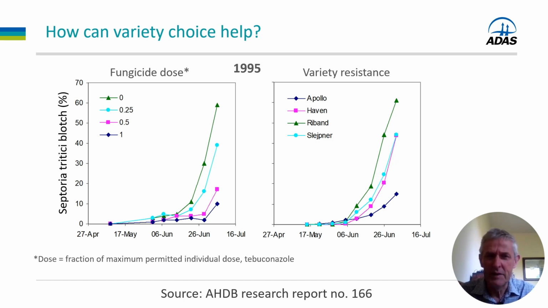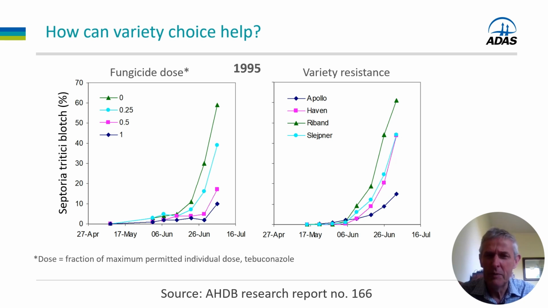Now, you might notice that this is data from 1995, so we're looking back nearly 30 years here, and there's a reason for doing that. The variety which is most susceptible, Ribband, is actually the variety that was most popularly grown around that time, which seems a bit odd.